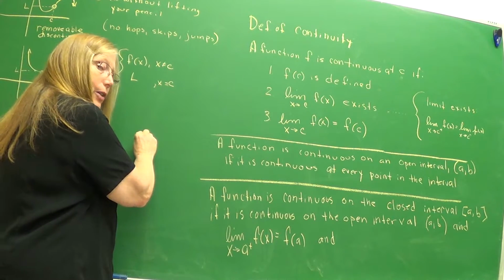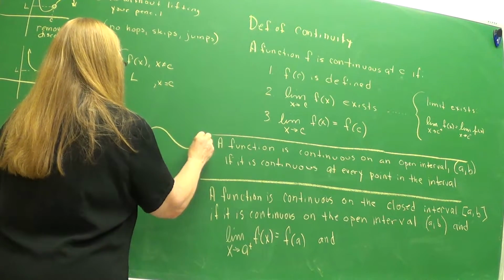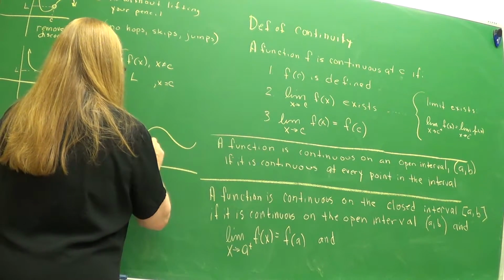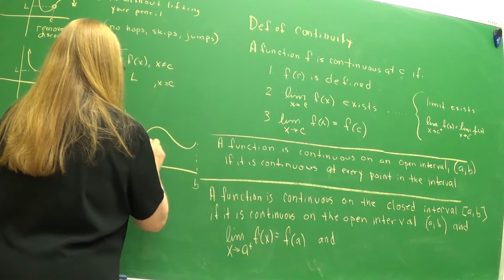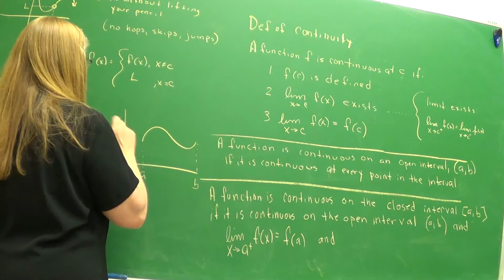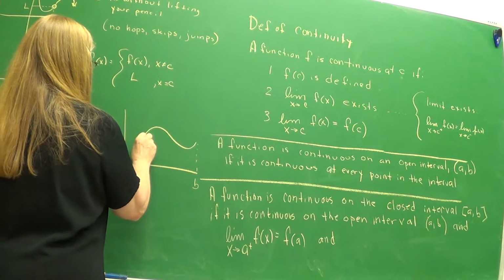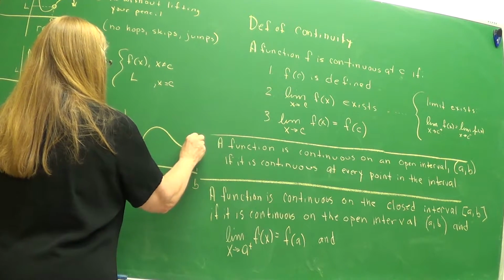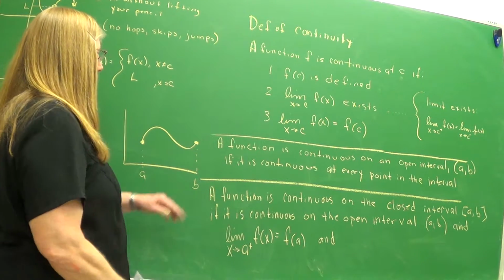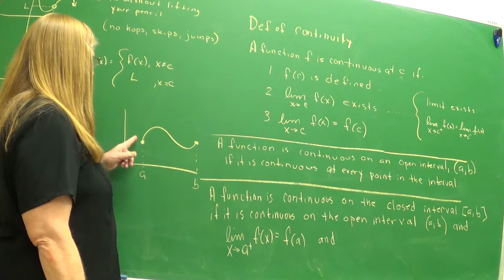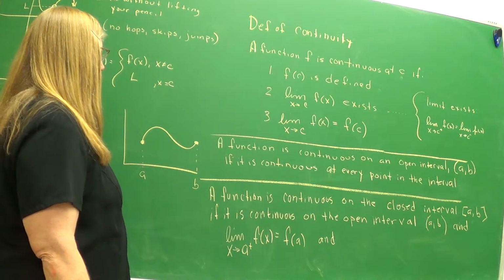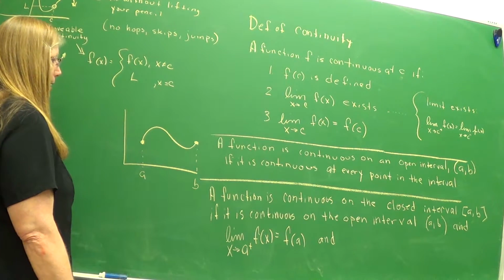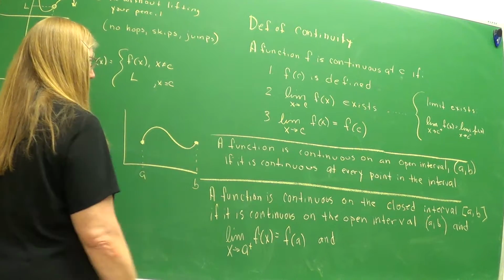When we have a function, and say this is point A and this is point B, the function is going to have endpoints. We're okay without the endpoints with this definition: if every point between A and B is continuous, then we say the open interval is continuous.